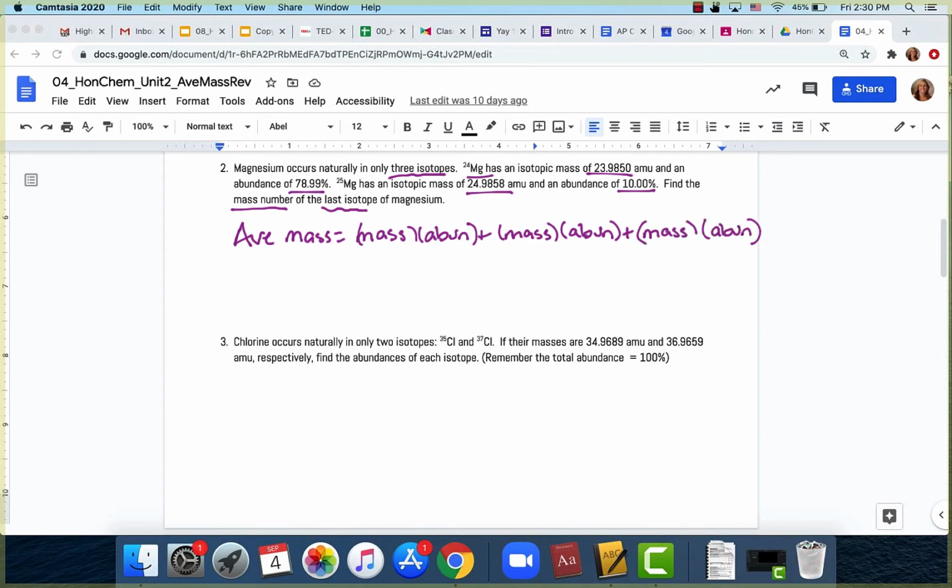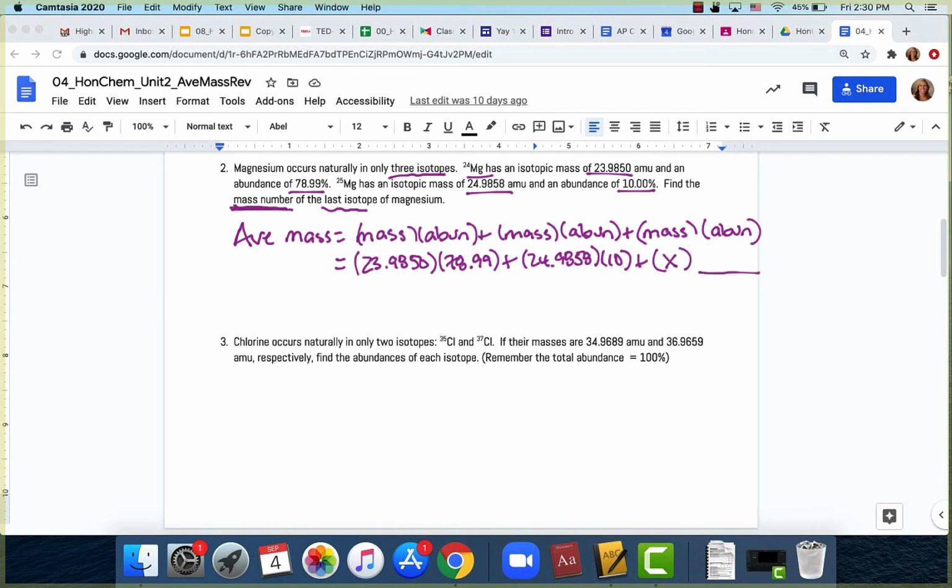The first one has a mass of 23.9850 and an abundance of 78.99, plus the second one, 24.9858, and an abundance of 10. And then the third one, this is the one I'm looking for, so this is going to be X.